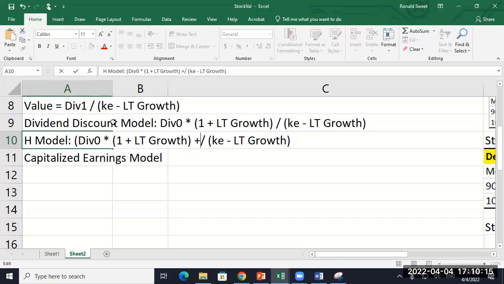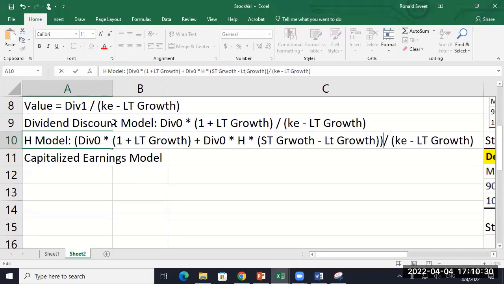We're going to take dividend 0 times something called H times short-term growth minus long-term growth. We're just going to add this piece right here to the dividend discount model.